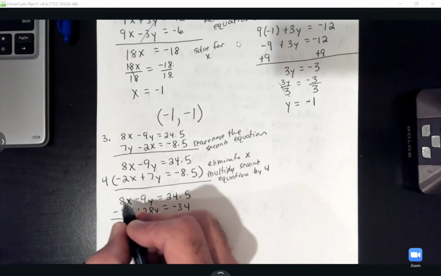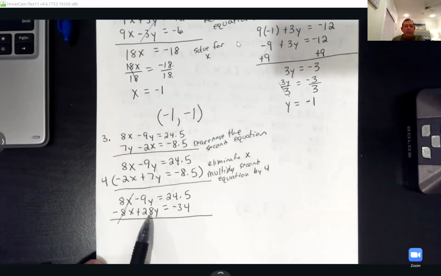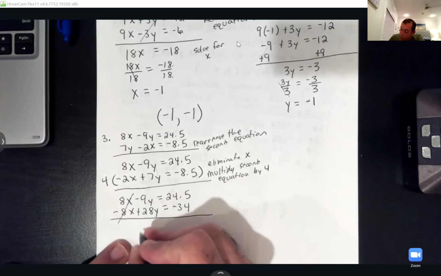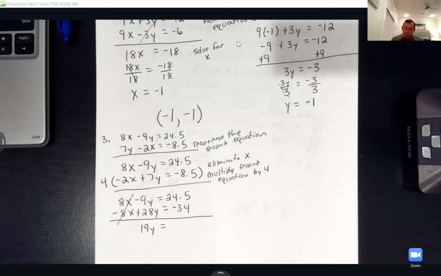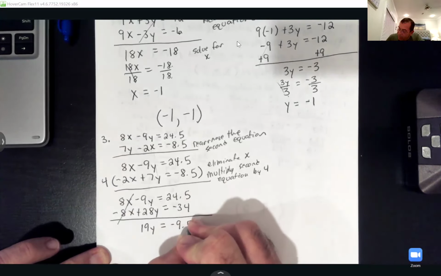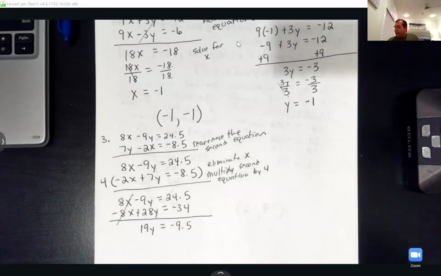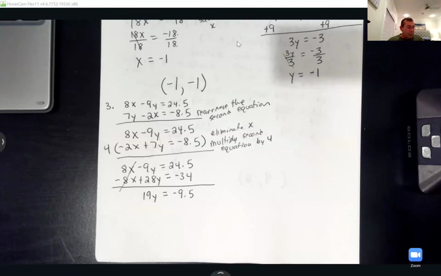Y'all look at this: 8x is canceled with the negative 8x. They're gone. So 28 minus 9 leaves me 19y. That equals 24.5 minus 34, which gives me negative 9.5. Unfortunately, this one looks like we're going to end up with decimals.